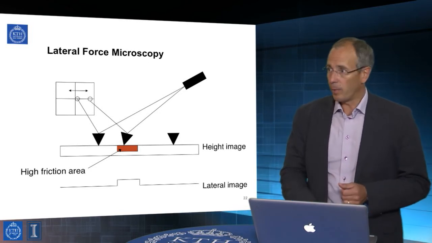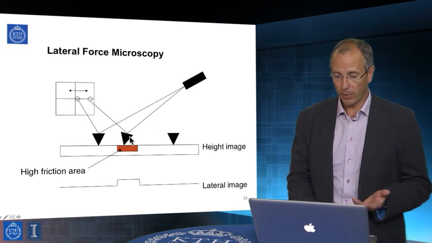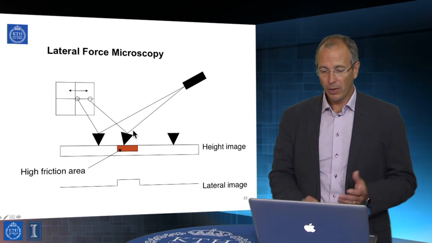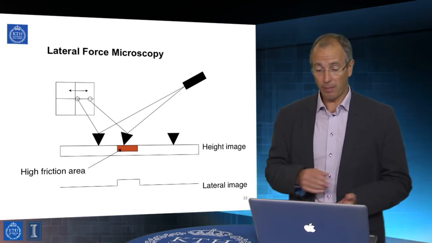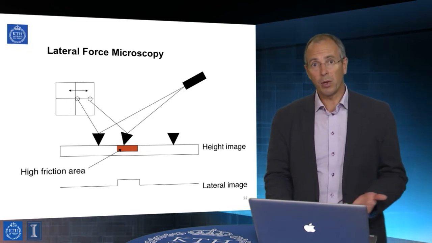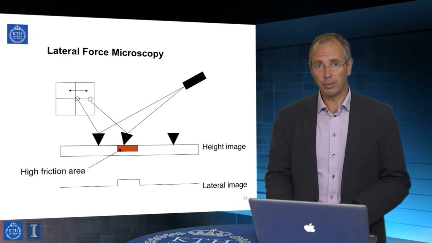And you can see the spot here moving across the photodiode in response to the different frictional force on the surface. So here, rather than having the contrast given by the topographic height, it's given by the frictional force. But because we're doing it in contact mode, we can actually extract the height at the same time. So we can get multiple information.